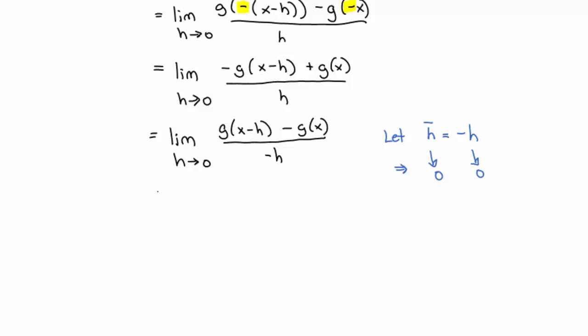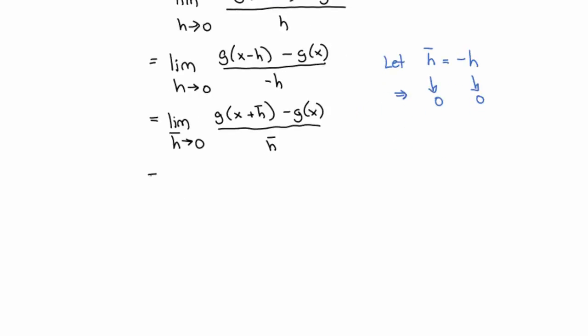So the limit, as h bar now goes to 0, of g of x plus h bar minus g of x, all over, instead of a negative h downstairs, an h bar. And that is actually the derivative of g at x.